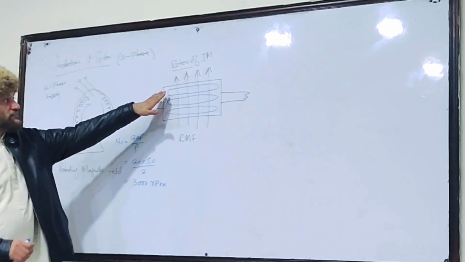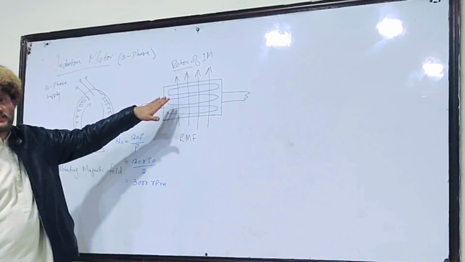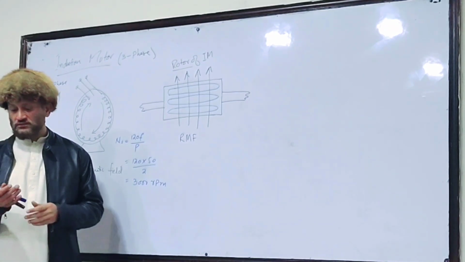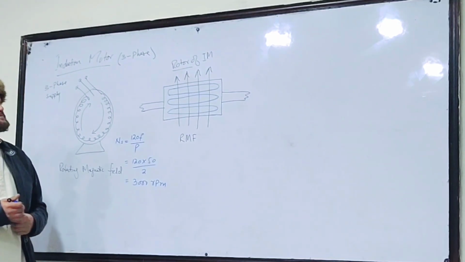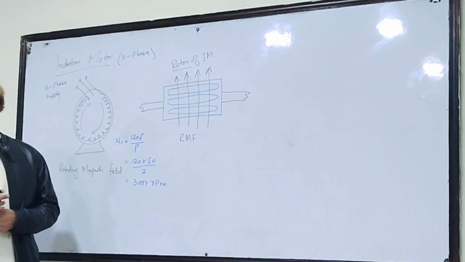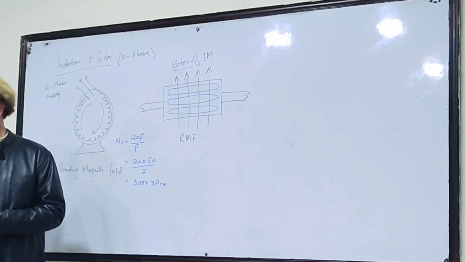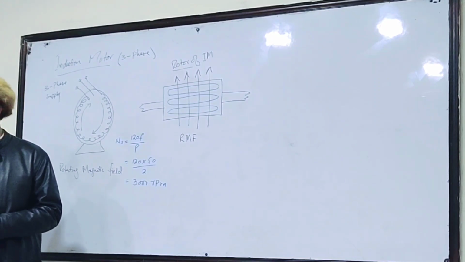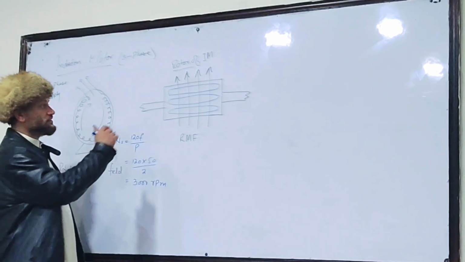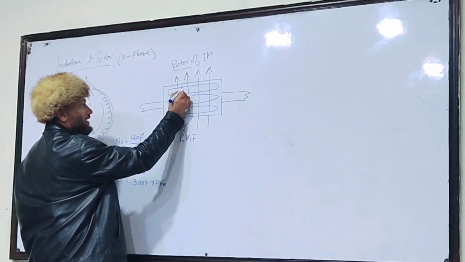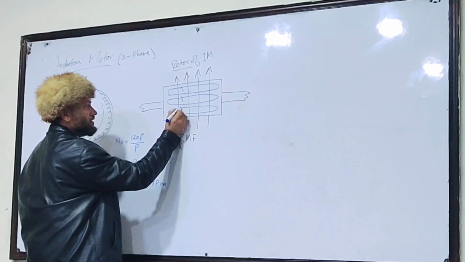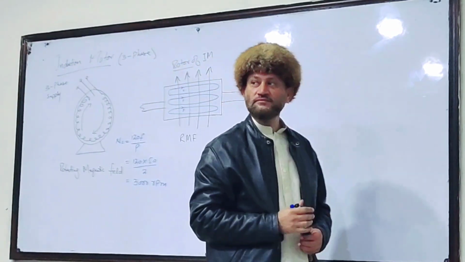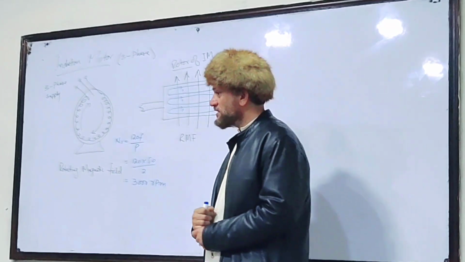So now, whenever EMF is induced in these bars, what will happen? Because these bars are closed and short circuited, and EMF is induced in the conductor, there will be a heavy current I flowing through these bars. Understand my point?